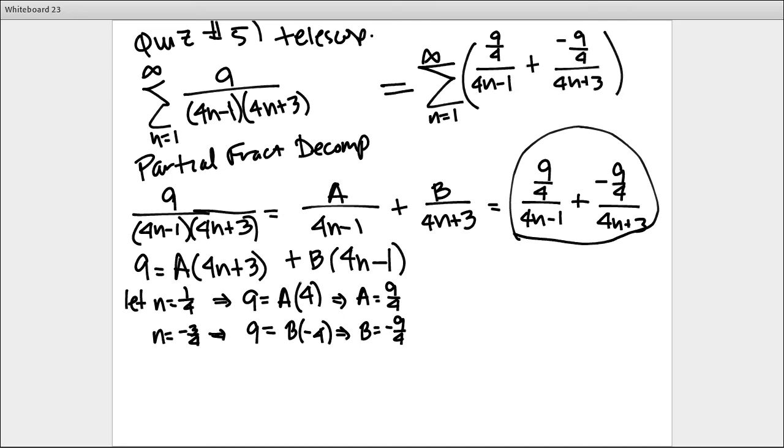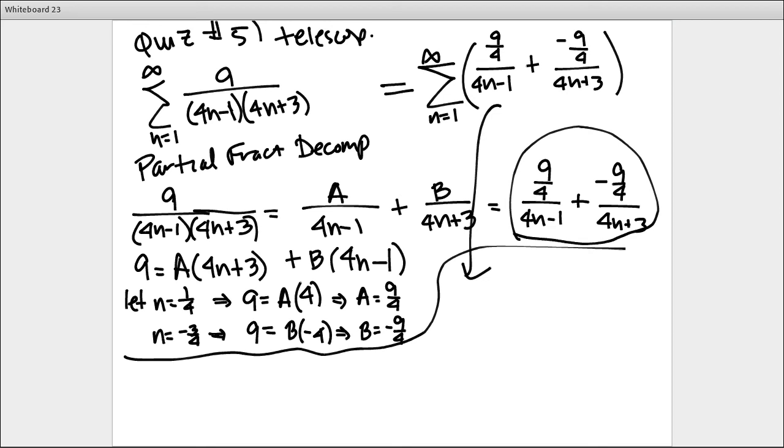Then you start plugging values in. When you plug in 1, you get 9 over 12, then minus 9 over 28, then plus 9 over 28.